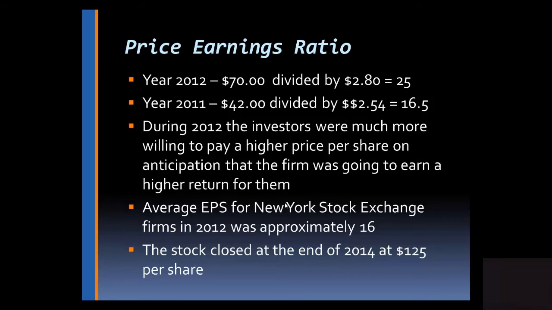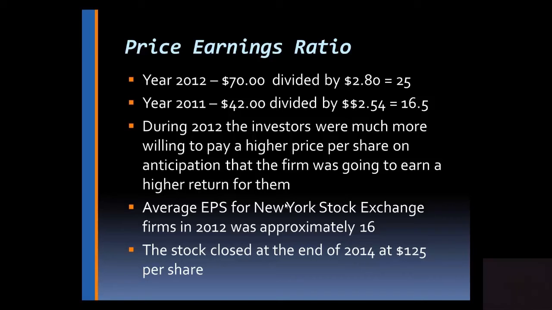This is arrived at by dividing the amount of net income by the average total shares outstanding. So the multiple was 16.5. In 2012, their earnings per share had increased, but the stock price had gone up. So the multiple went from 16.5 to 25.